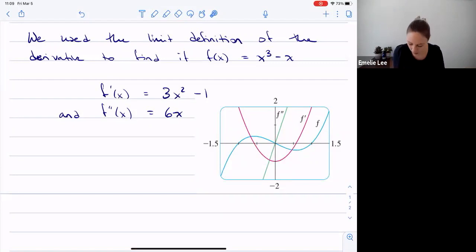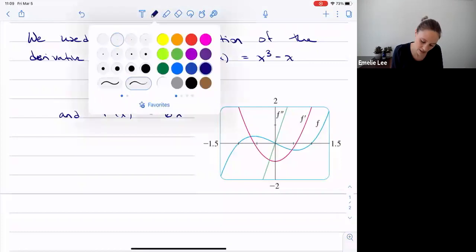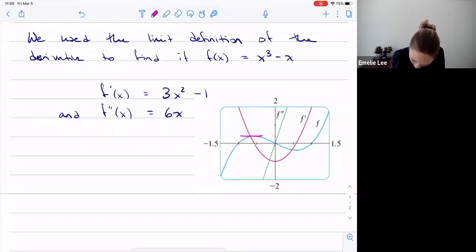We have to remember that at the maximums and minimums we have a slope of 0, and we use that to map out our derivatives. So that's where it's going to cross the x-axis.